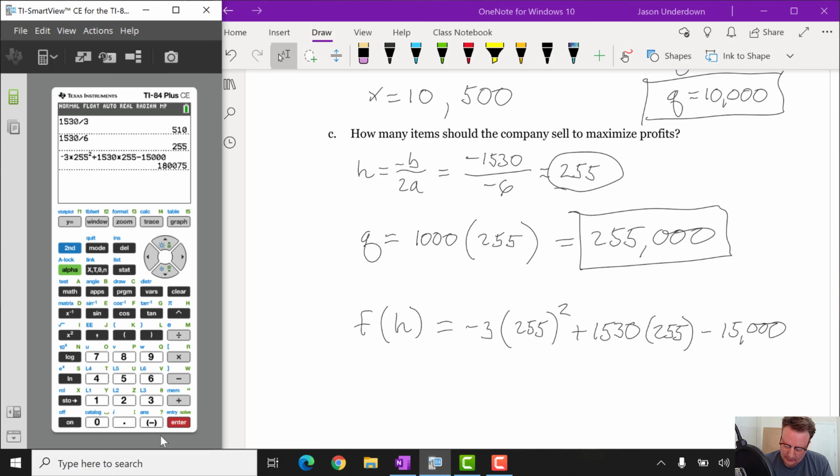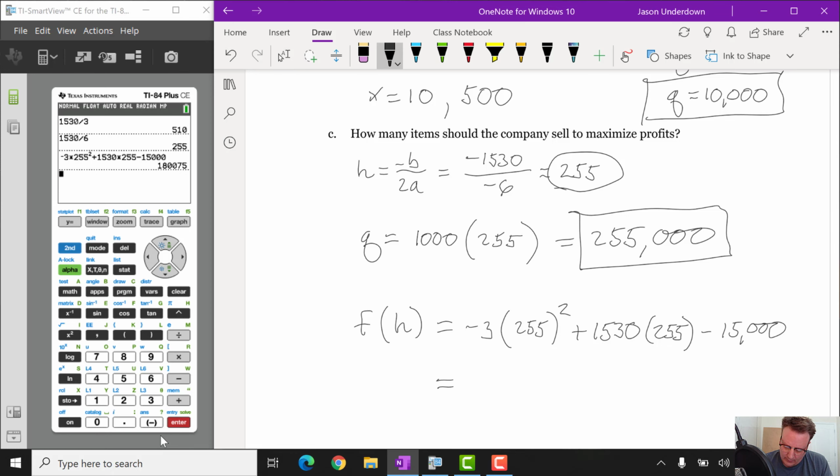So it looks like, again, we'll assume dollars here. It didn't specifically say, but $180,075 in profit if we produce 255,000 items. And this concludes part 1 of section 4.1.